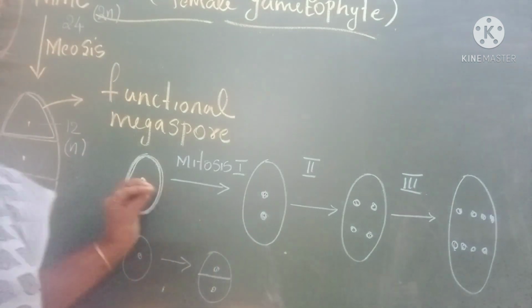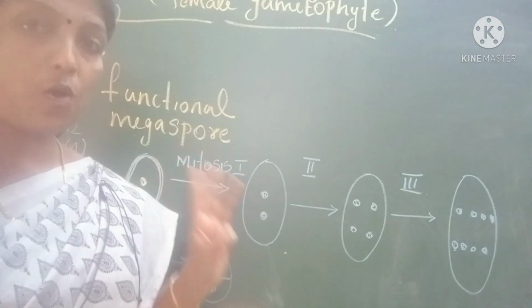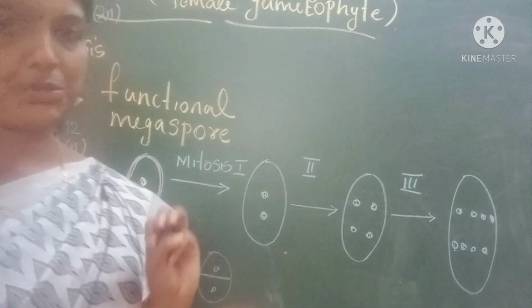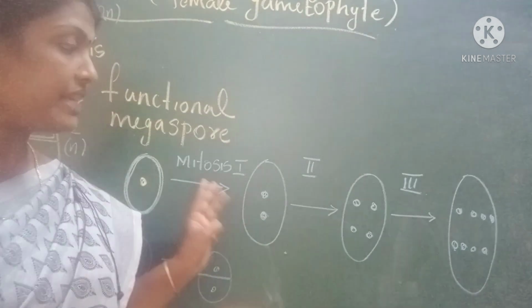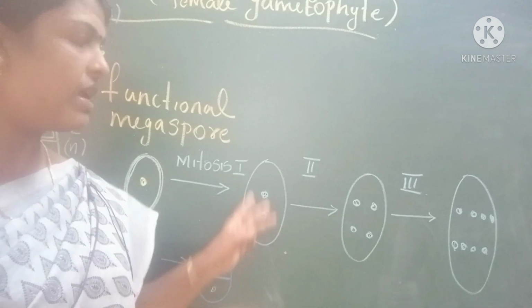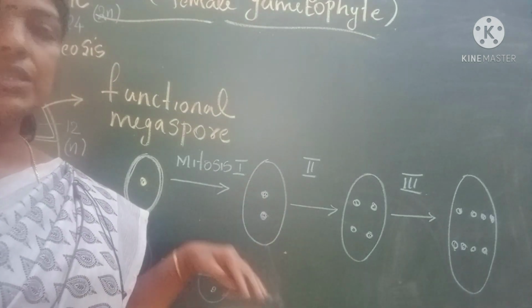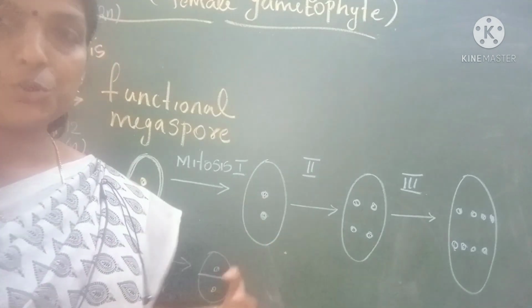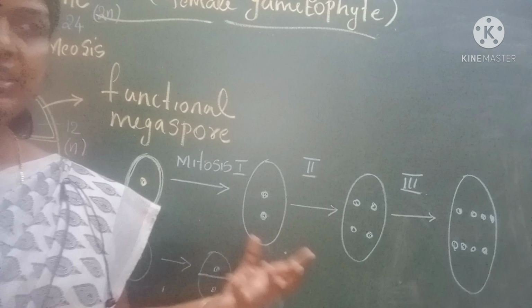So here also there is no cell wall formation. When this megaspore undergoes mitosis, how many mitotic divisions does it undergo? 3 mitotic divisions. And what is the speciality of this mitotic division? Here there is no immediate cell wall formation after the division of the nucleus. In the usual case, when the nucleus splits into 2, followed by the nuclear division, the cytoplasm will also divide and the cell becomes 2.